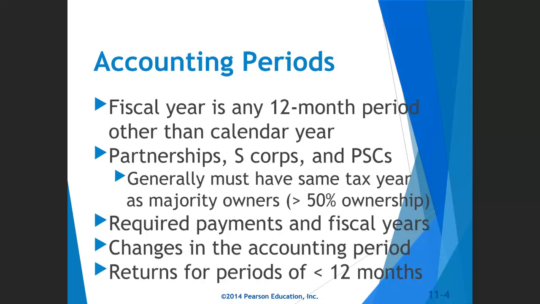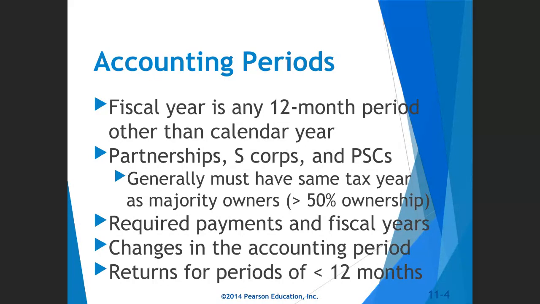So let's start with the first discussion here, which is accounting periods. Before we get into the accounting periods, accounting method is a system of rules and procedures used to determine the year in which income and expense are reported for tax purpose.